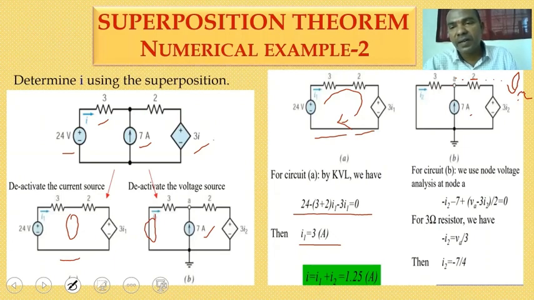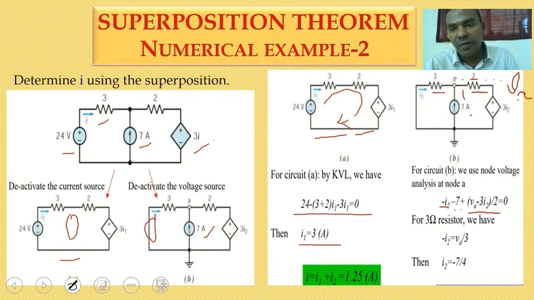With respect to that, 3 currents are there. These 3 currents I am writing. The first one is minus I2. The second one is minus 7 amperes. The third current is (VA minus 3I2) divided by 2, and the sum is equal to 0.